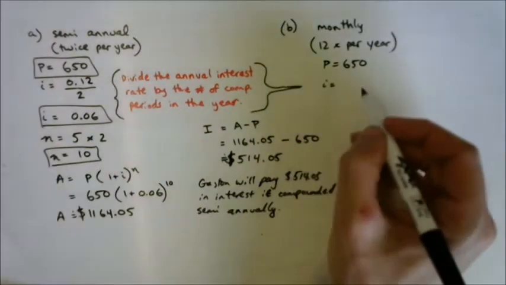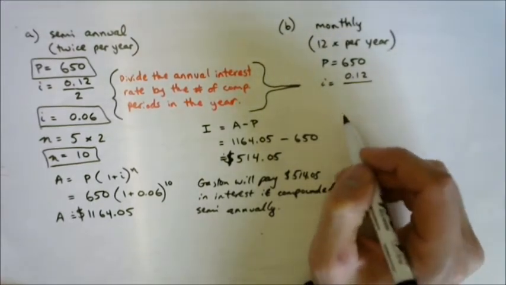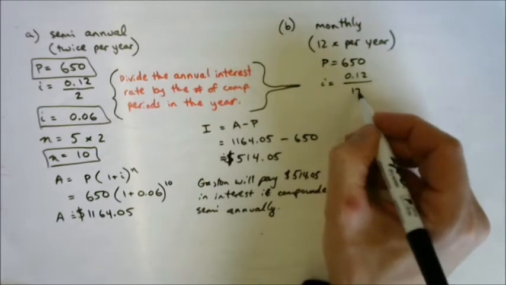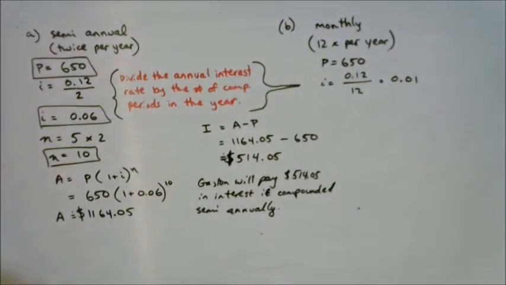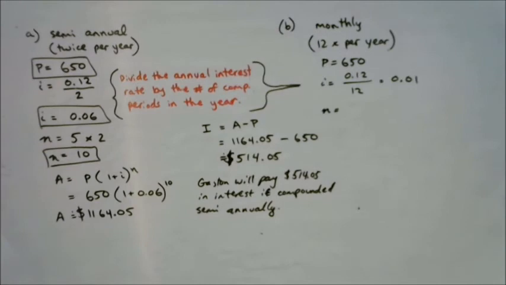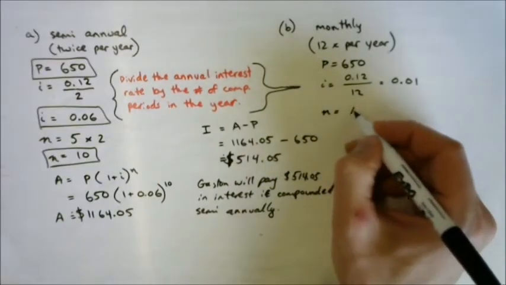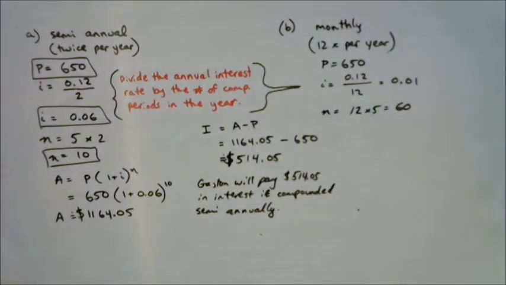Divide the annual interest rate, which is 0.12, by the number of compounding periods in the year, which is 12. So our new I is 0.01. What about for n? Well, it's now the number of compounding periods. We're going to do this 12 times each year, and Gaston's not going to pay them back for 5 years. So 12 times 5, n is now 60.